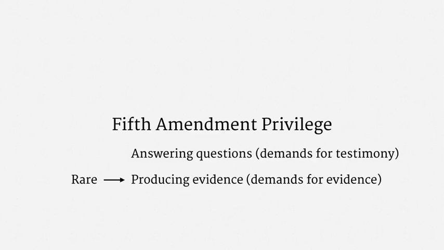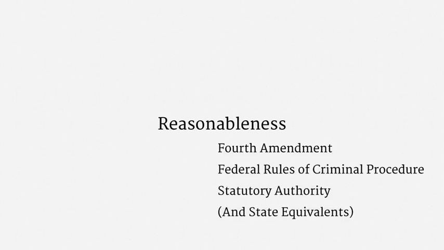Now let's turn to the other main legal check on the subpoena power, which is reasonableness. There are several sources of law that require that a subpoena be reasonable. They include the Fourth Amendment, the Federal Rules of Criminal Procedure, and some statutes that provide subpoena power. State law also regulates state-issued subpoenas, of course. Now, when courts assess the reasonableness of a subpoena, they can apply different standards.